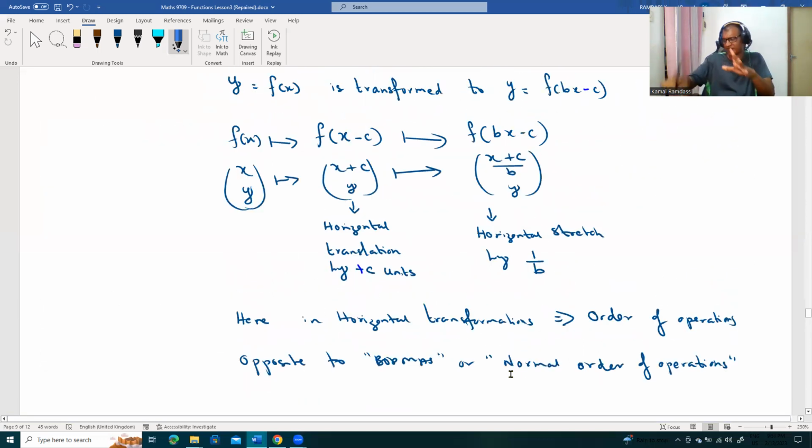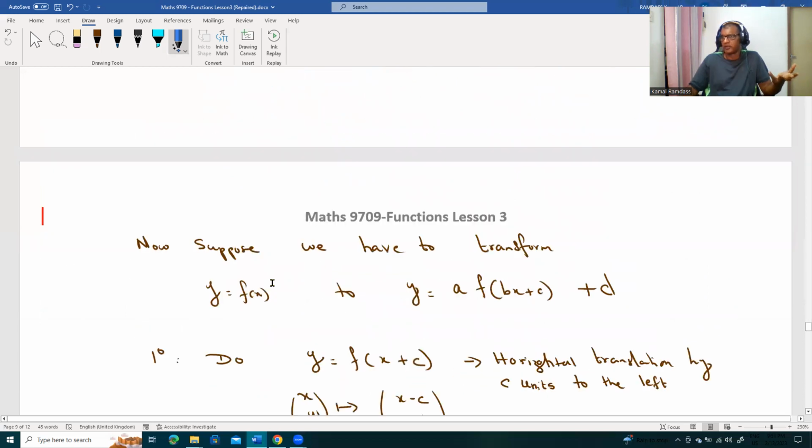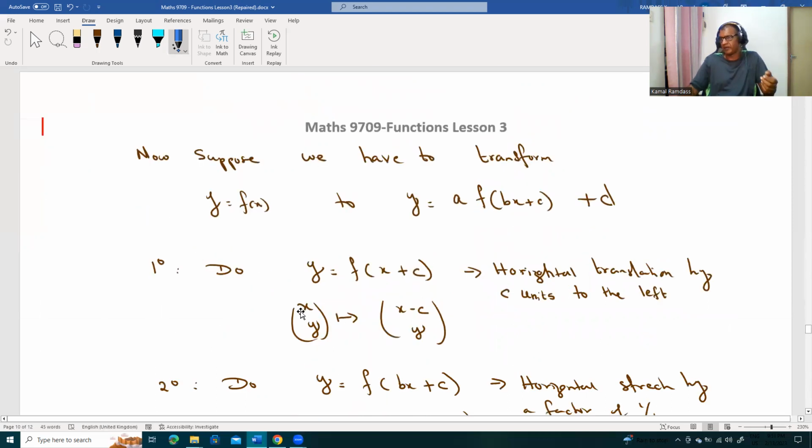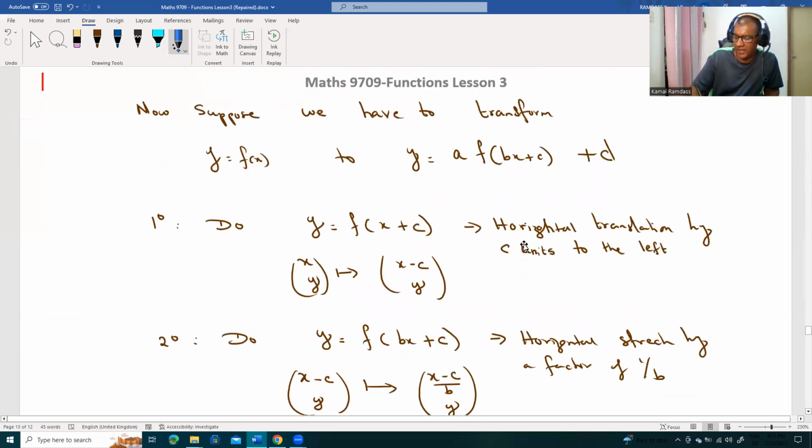Soon we will do a complete example of a transformation. Before that, we make a summary. Suppose we have to transform y = f(x) to y = a f(bx + c) + d. We have four transformations, and we need to follow the order I mentioned so as not to make errors. The first thing is to work inside the bracket, and inside the bracket I do the addition first.